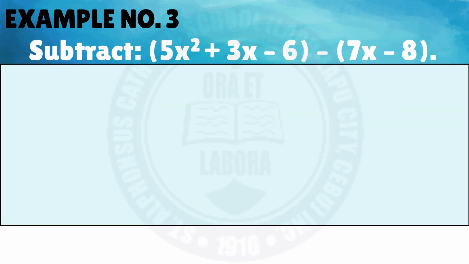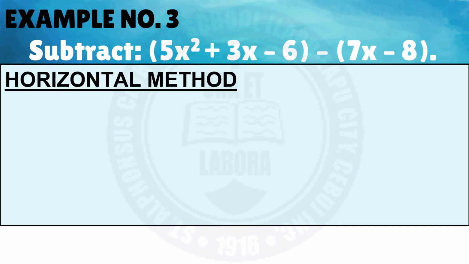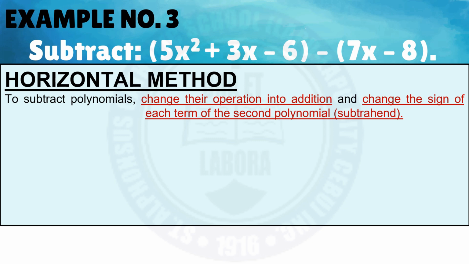For example number 3, this time we will subtract 5x squared plus 3x minus 6 and 7x minus 8. So please take note that to subtract polynomials, change their operation into addition and change the sign of each term of the second polynomial or the subtrahend.